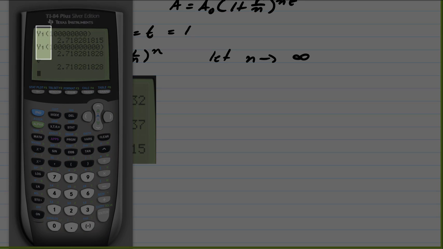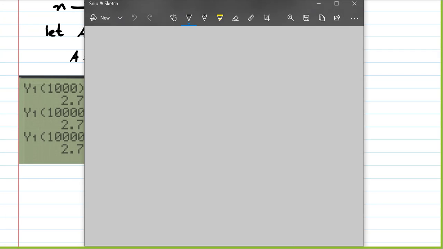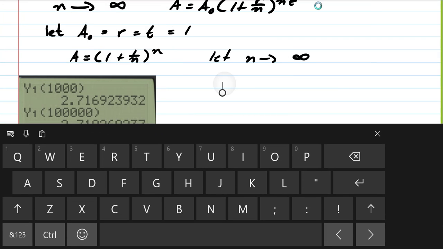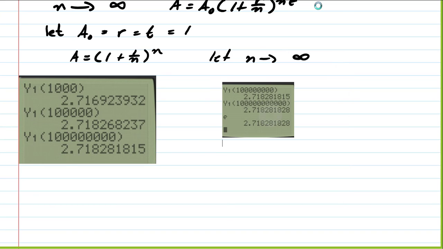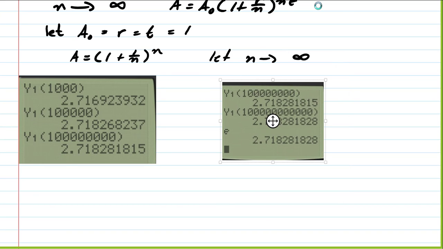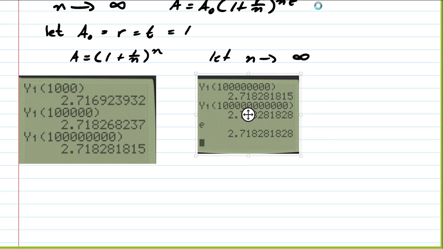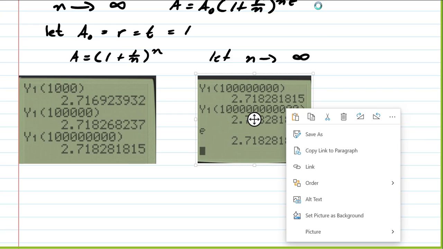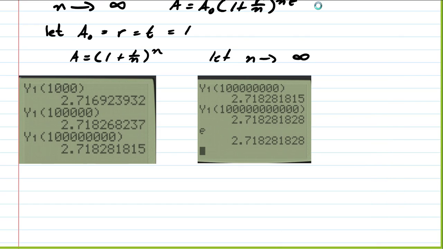So we notice after we get out to 100 billion, our calculator, when evaluating that, gives us exactly the same number as the number e. We'll also notice that each time we increase this, the first time they were the same to 2.17. The next time, these two numbers were the same out to 2.7182.